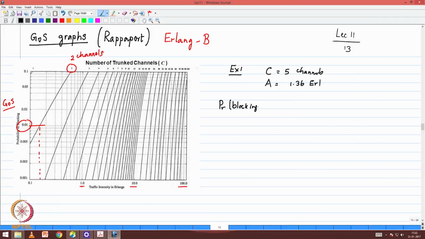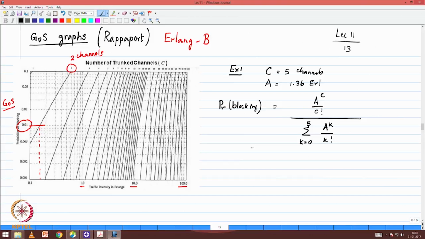Probability of blocking. So this is not a graph problem, it is a problem for which you have to do the calculation. So basically, A power C divided by C factorial, divided by the summation k equal to 0 through 5 of A power k by k factorial. And it's not difficult, just actually do the calculation.